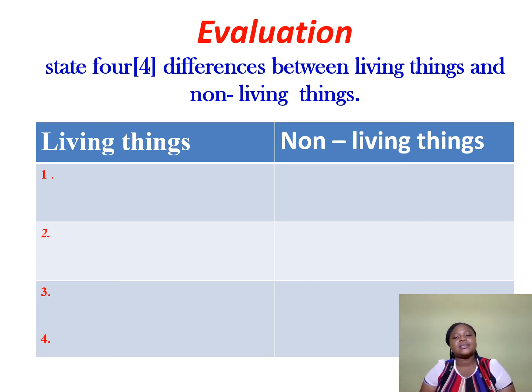We have living things here and non-living things here. We are going to state 4 of what we just learned. Living things do this, non-living things do not do this.